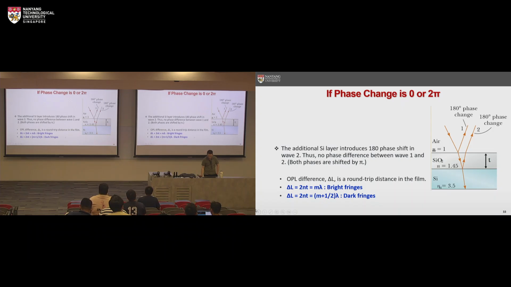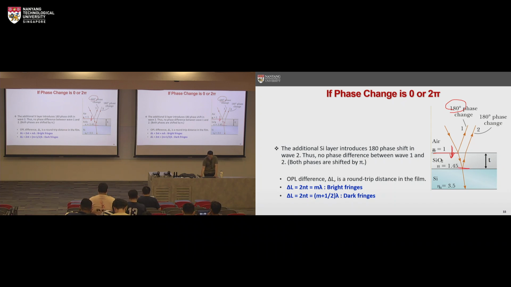Number 1 is air to silicon dioxide, which is from a smaller to bigger refractive index. So in this transition from N1 to N2, you create a phase change of pi.